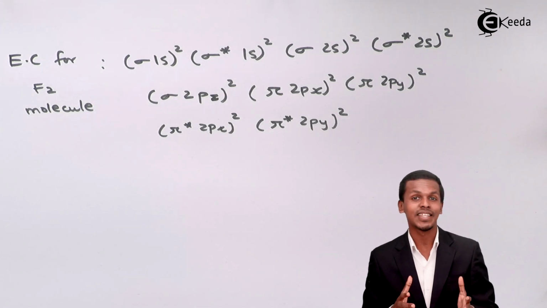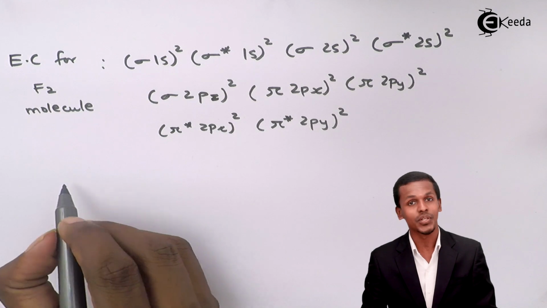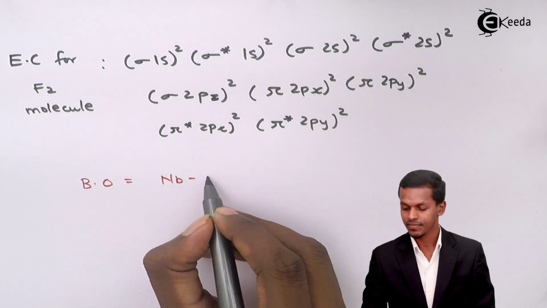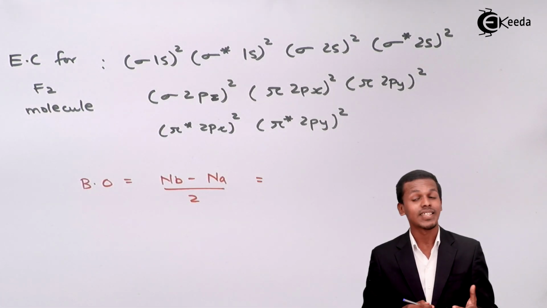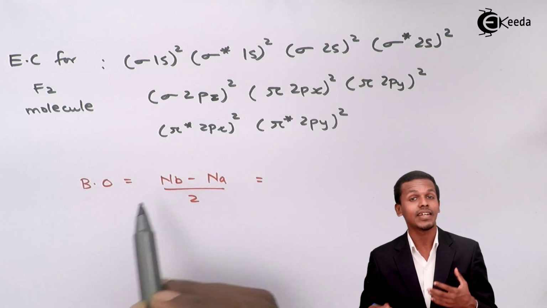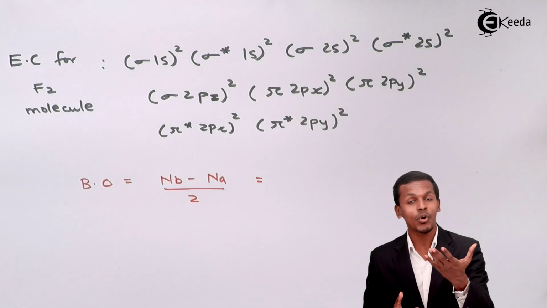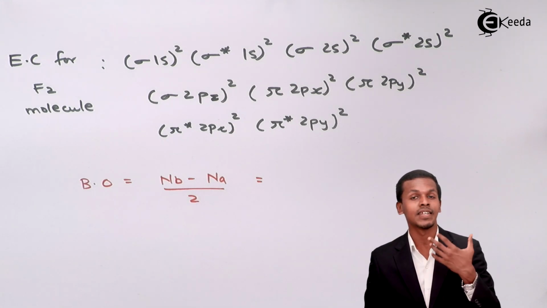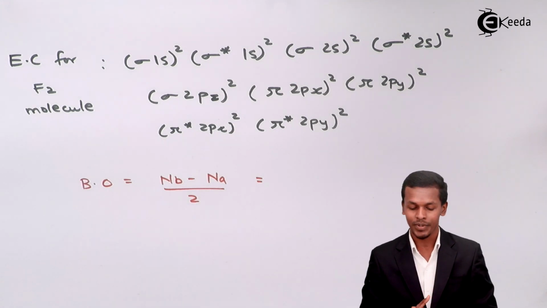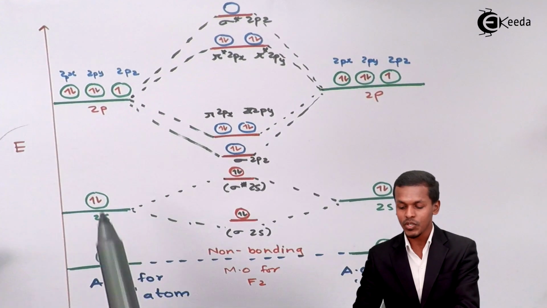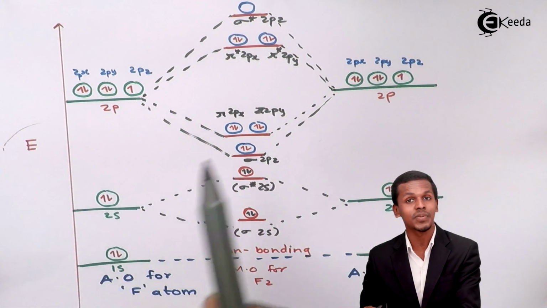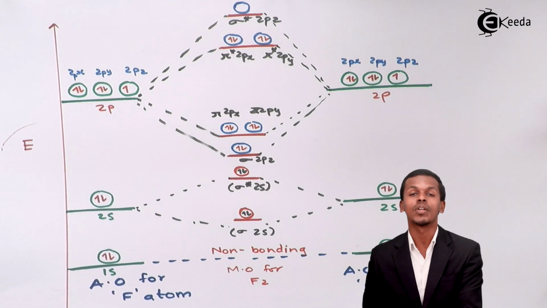Now let us find the bond order. As I have discussed earlier, Nb represents the number of electrons present in the bonding molecular orbitals, while Na is the number of electrons present in the anti-bonding orbitals. The last orbitals are mainly responsible for forming a bond.